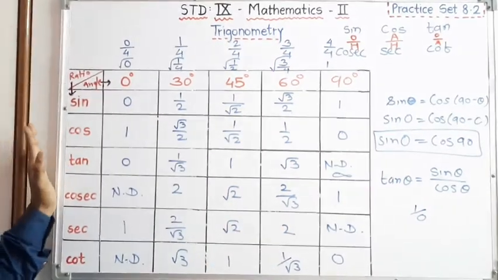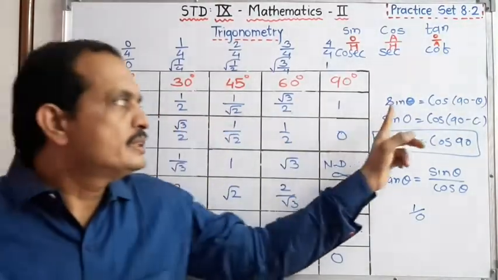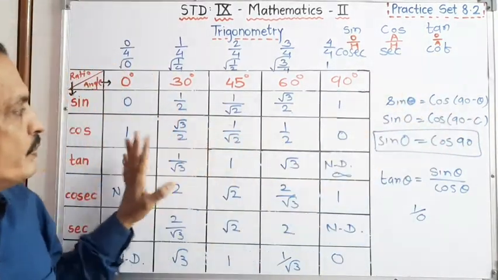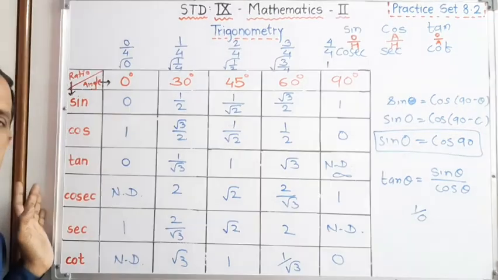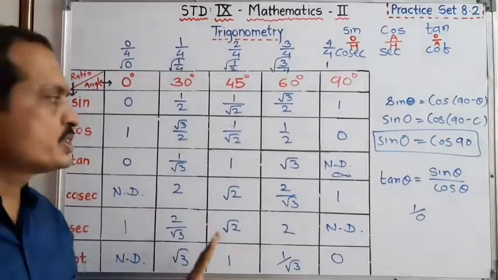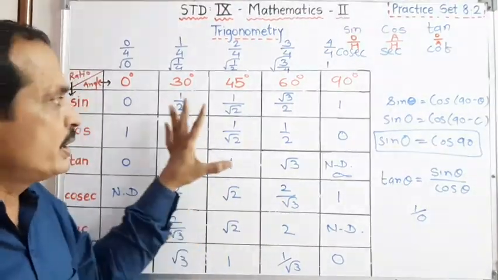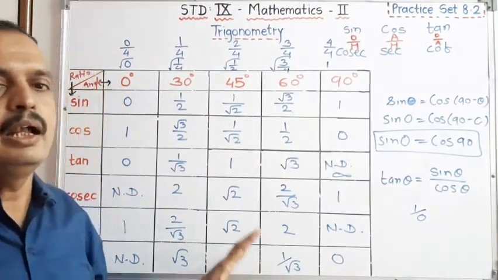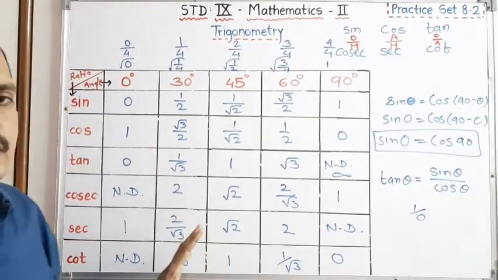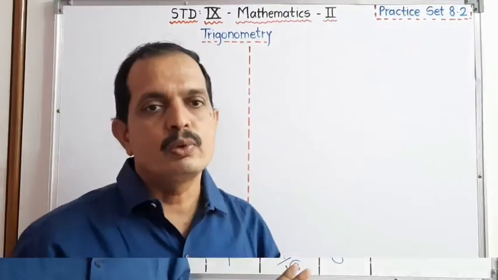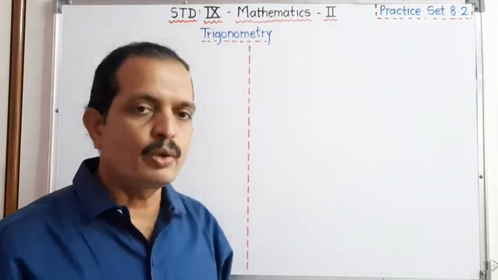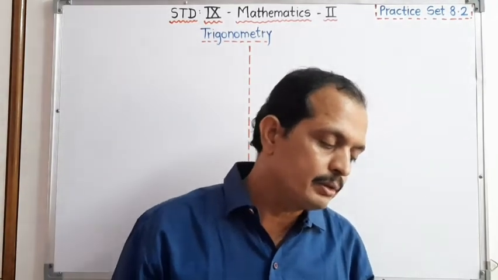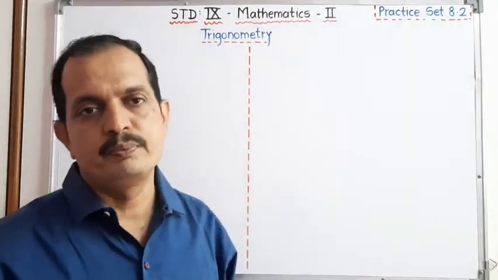That means we can understand this relation between the complementary angles of the given ratios. Now dear student, try to remember this chart and how we completed this table. Remember, go through this video again and again and try to make this table on your own. We have to learn one important trigonometric identity, and then we have to complete practice set 8.2.